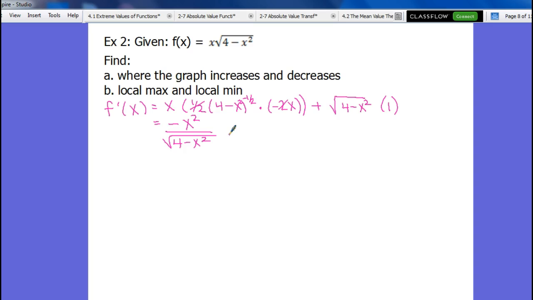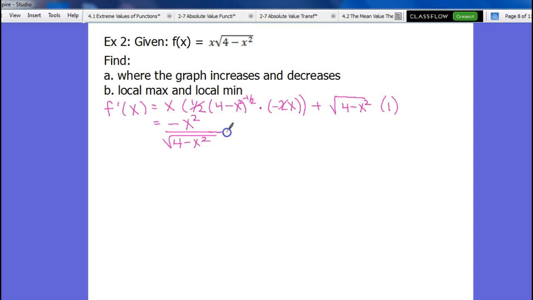Here's what I would do. This square root isn't in the denominator, right? But if I multiply by this denominator, I can get them to have like bases and get rid of my square root, right?